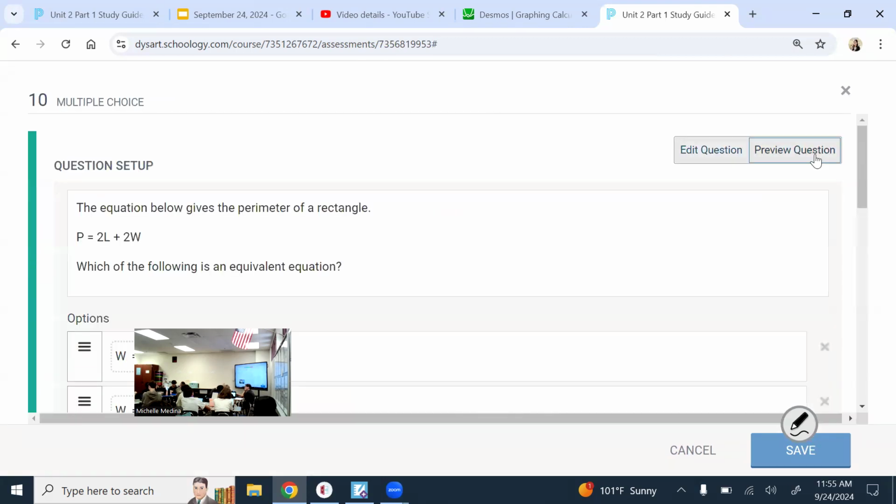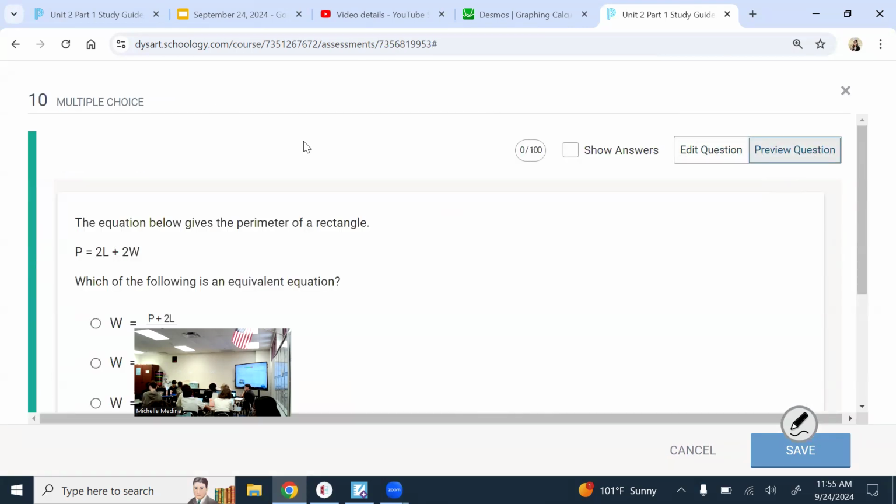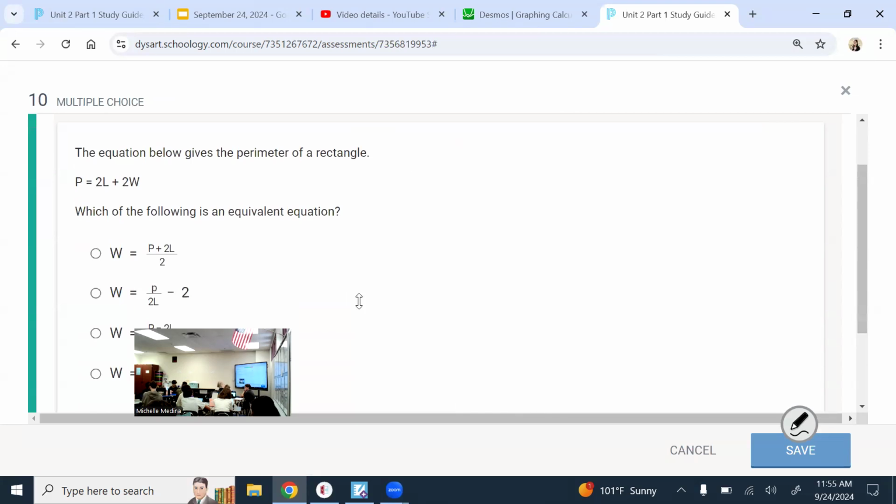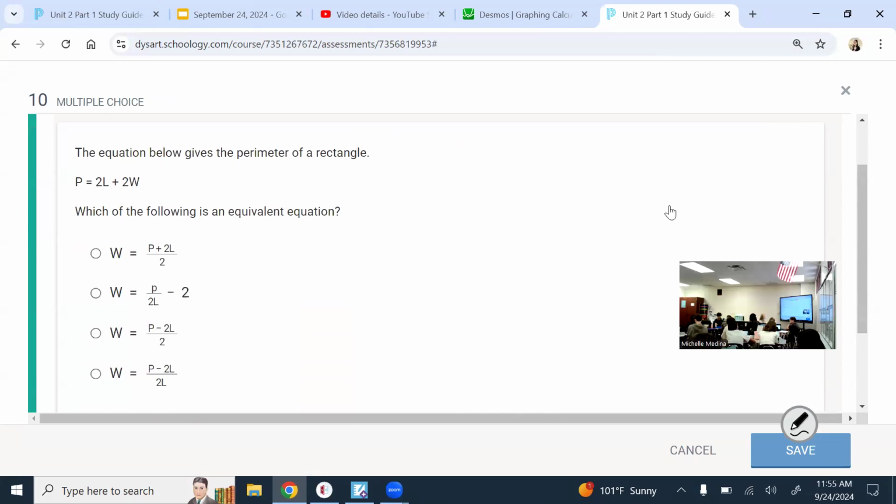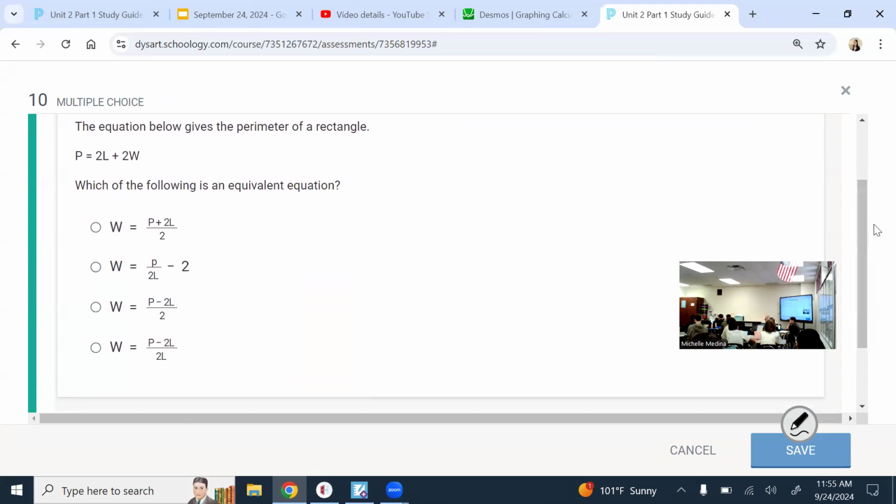Okay, so good question. This one tends to be hard for students, but no one's asked it so far, so it's good to go over it. The equation below gives the perimeter of a rectangle. Which of the following is an equivalent equation? So notice in your answer options, what is isolated?